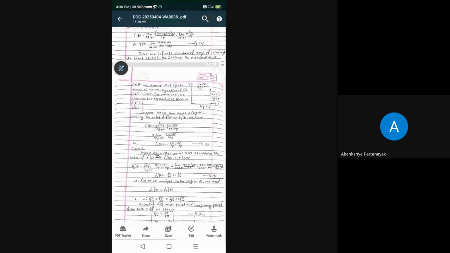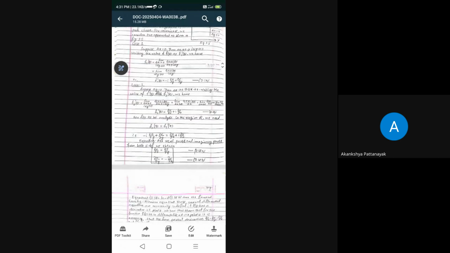So if you equate equation 3.16 and equation 3.17 as shown on the screen, minus i del u by del y plus del v by del y is equal to del u by del x plus i del v by del x. This is nothing but equating the real parts and imaginary parts from both sides.